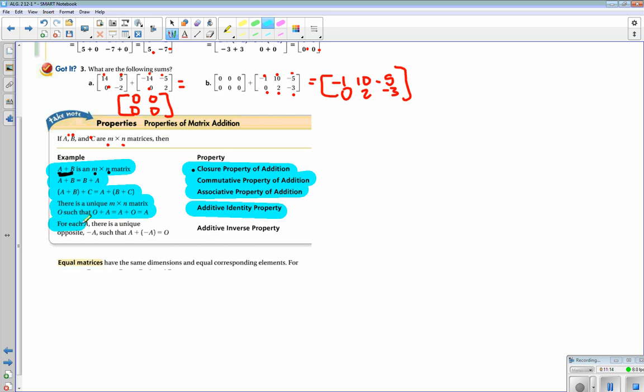And for each matrix A, there is a unique opposite, negative A, such that A plus negative A is 0. It's called the additive inverse property. So equal matrices have the same dimensions and equal corresponding elements.